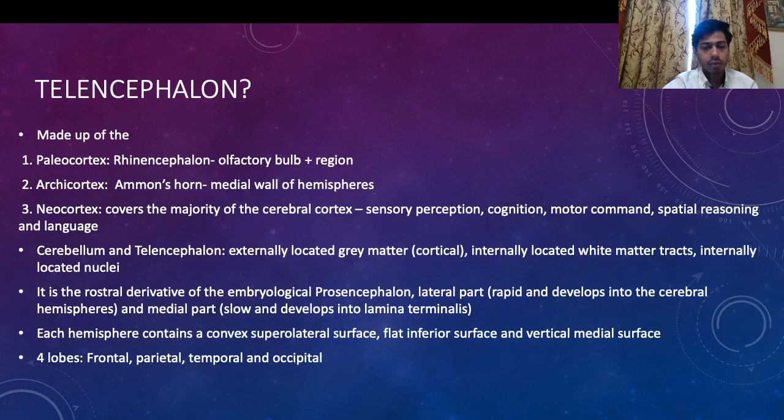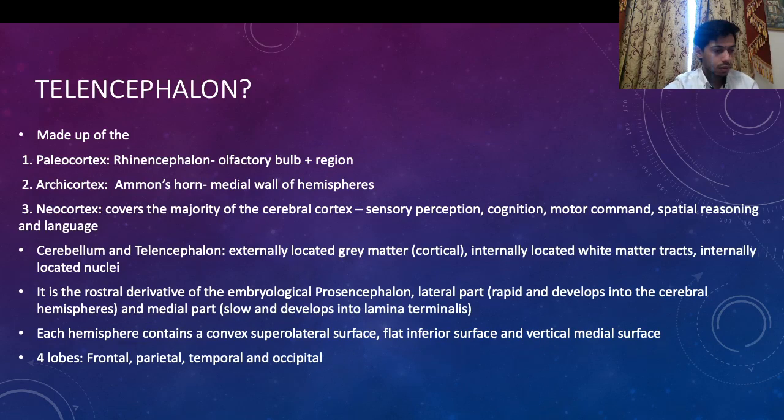The parts that everyone associates with the telencephalon are the lobes, and within those lobes you have gyri and sulci. We know that there are four lobes: the frontal, parietal, temporal, and the occipital lobe.